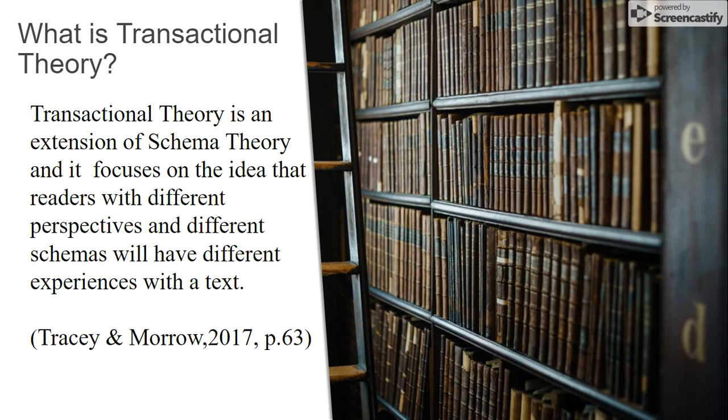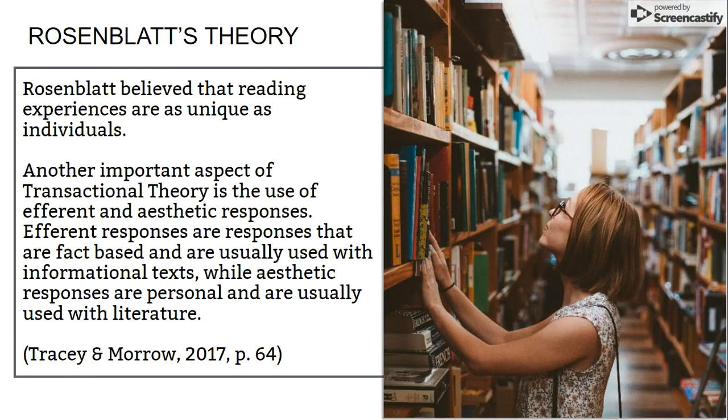Again, both of these theories stem from constructivism. Rosenblatt's transactional theory believed that reading experiences are as unique as individuals. Or in other words, we all see text through our own perspectives.